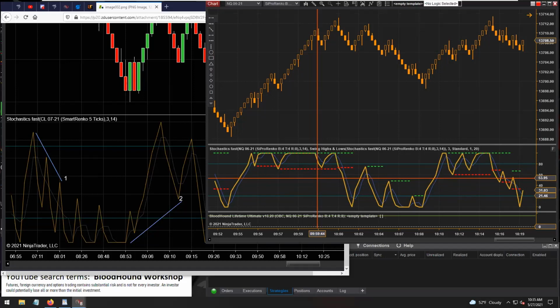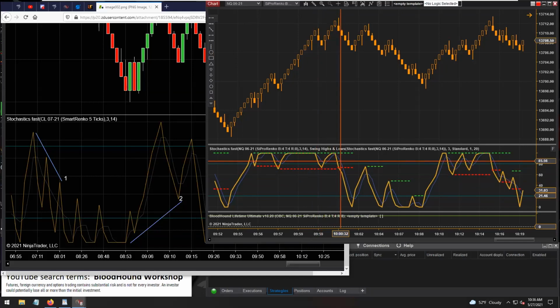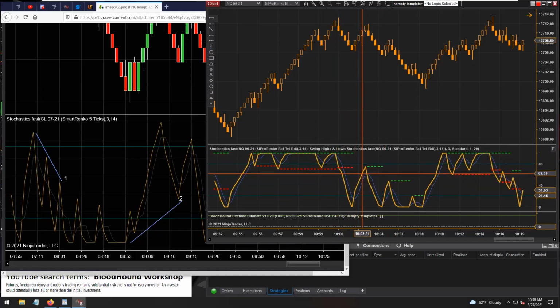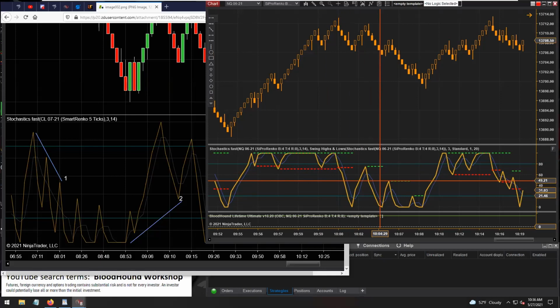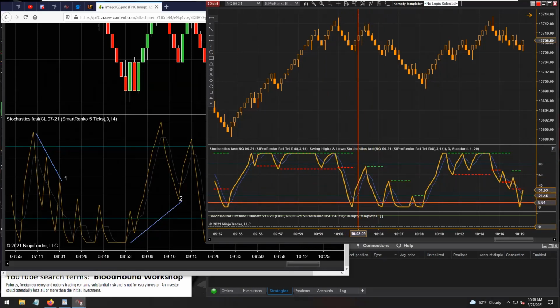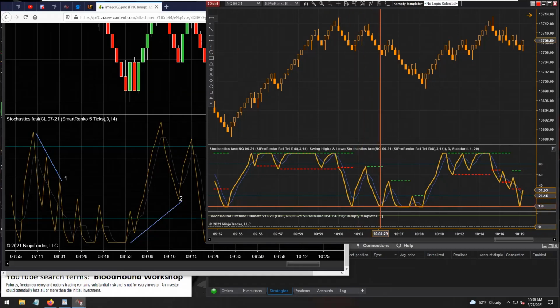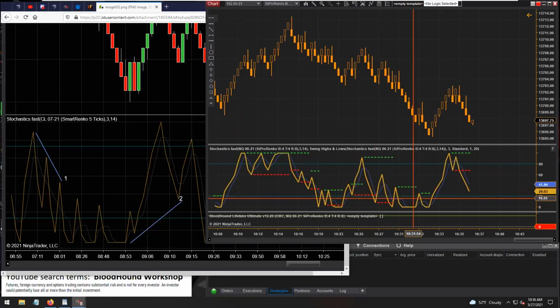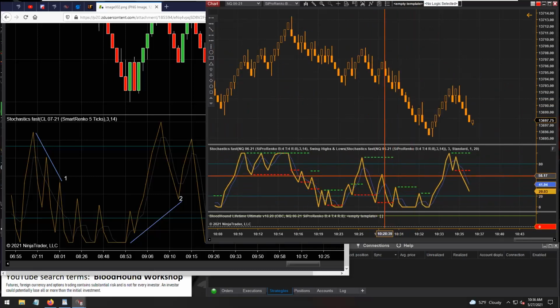Actually, let me rephrase that. In order to get this to work correctly, you're going to need a better indicator at detecting these high and low points on the stochastics. As we can see, the swing highs and lows is not perfect. It's not working correctly on these low points, and it is sometimes missing these high points.